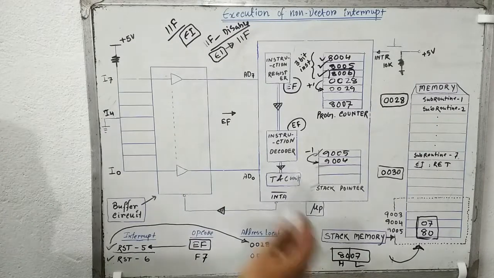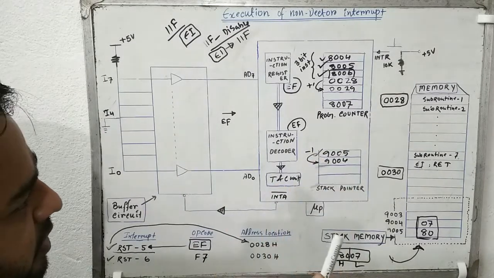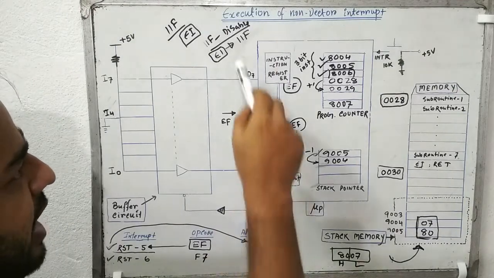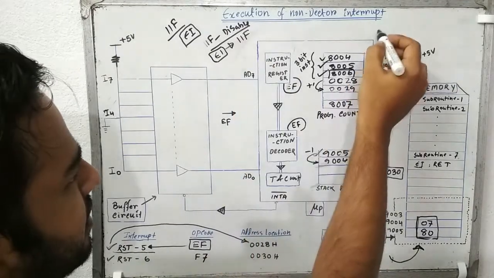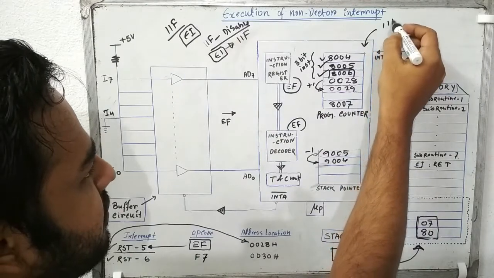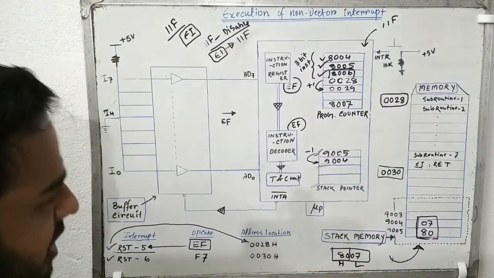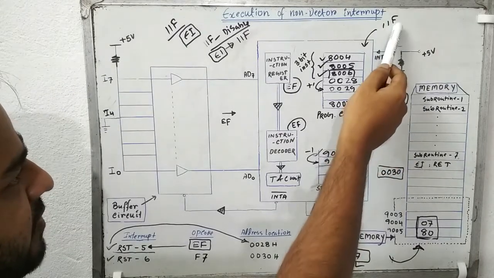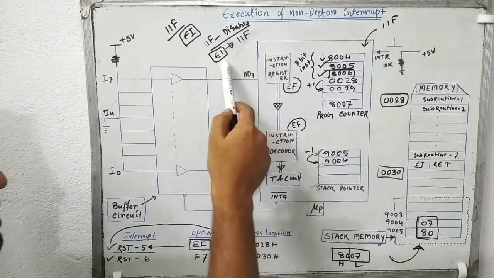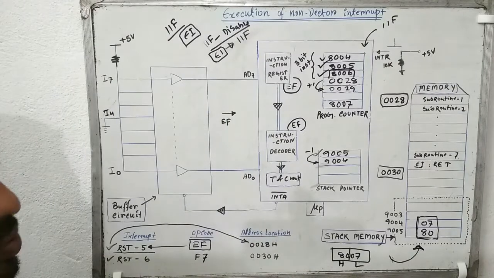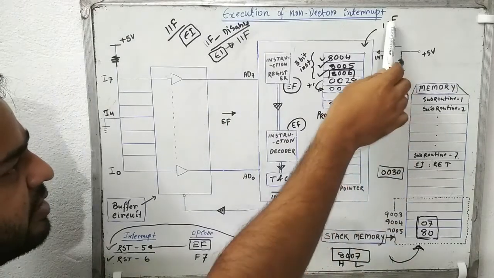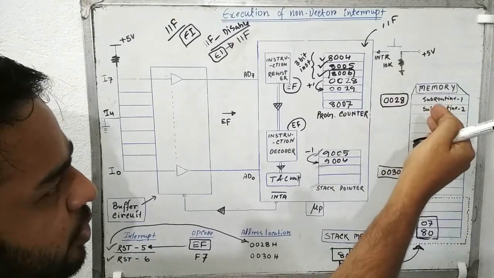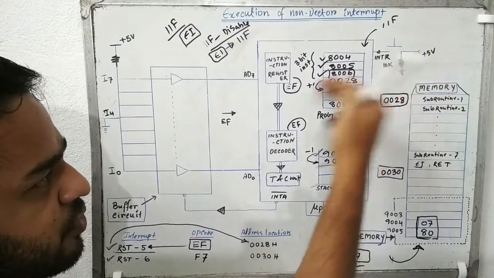Let me define the whole process in a brief way. First we need to activate the IIF, the internal interrupt flip-flop. How is it activated? It is activated by writing an EI instruction. When the IIF is activated, the microprocessor can get any interrupt request from outside.